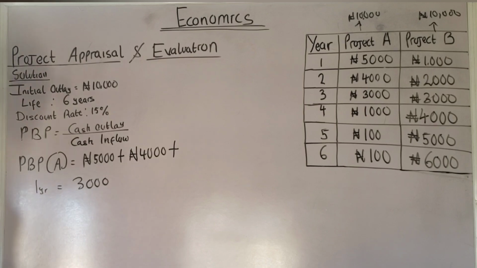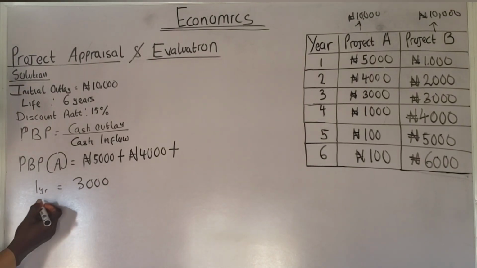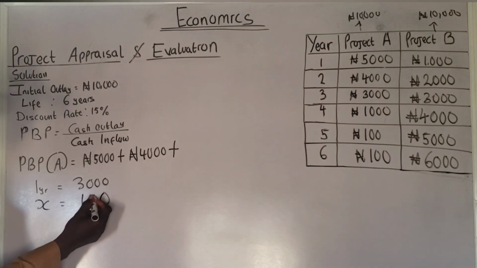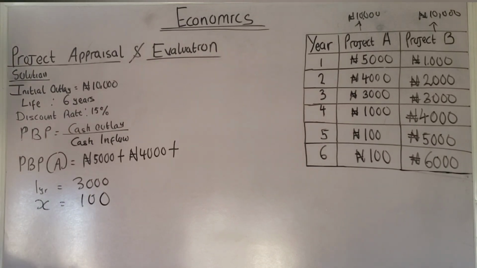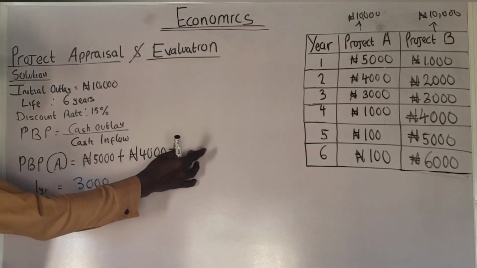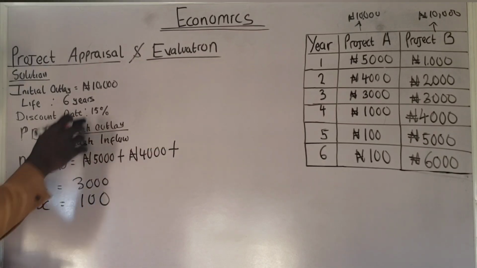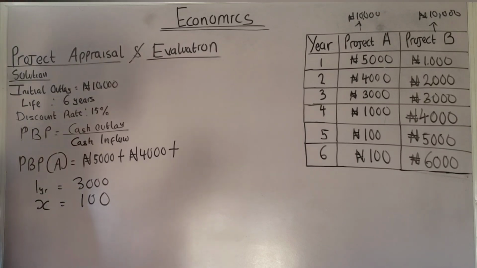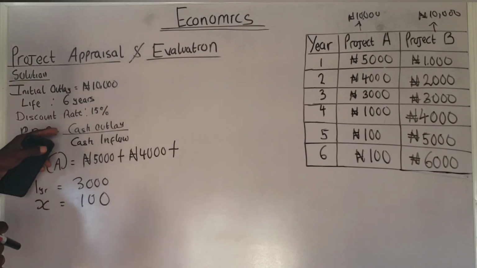Now, let us represent the time it will take to have an income stream of 1,000 naira as X. Do you understand what I did? Ordinarily, if I add 3,000 naira to this income stream, it will be greater than 10,000 naira. But we need the exact time at which the income stream equals the initial cash outlay.